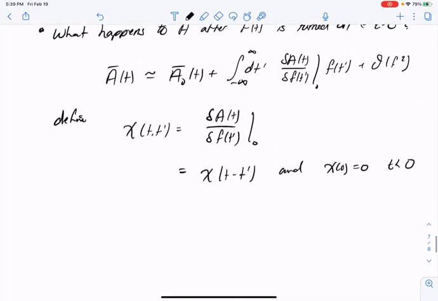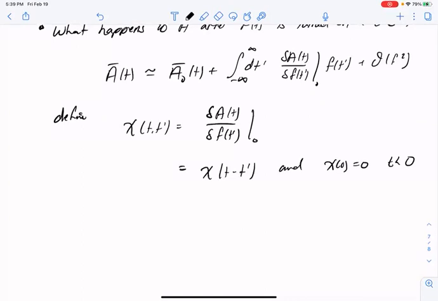Something to note here is that chi of t is independent of the force.